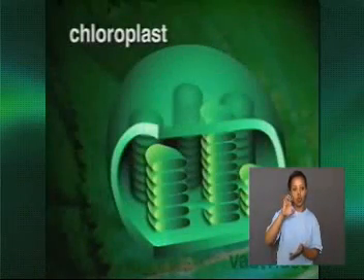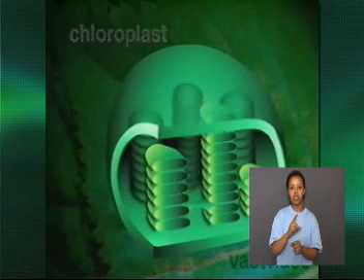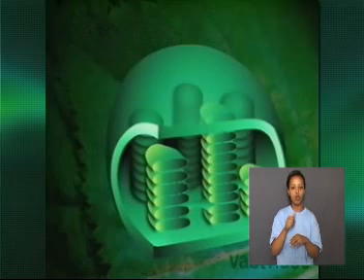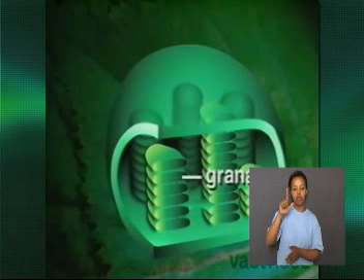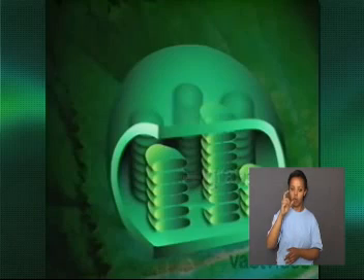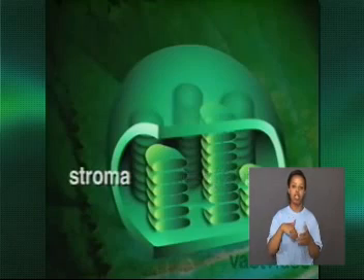The light-independent reactions in photosynthesis take place outside the thylakoid membranes in the stroma, the fluid-filled area of a chloroplast. During these reactions, sugars are made using carbon dioxide and the products of the light-dependent reactions.